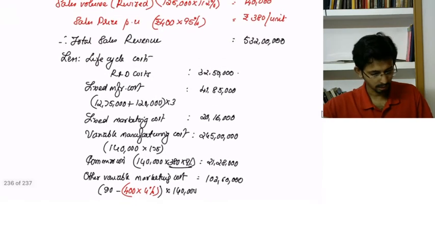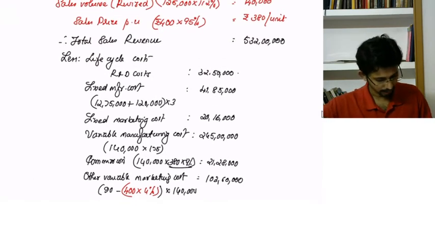So what will be the total cost? Okay, total cost will be 32 lakh 50,000 plus 41 lakh 85,000 plus 20 lakh 16,000 plus 245 lakhs plus 21 lakh 28,000.